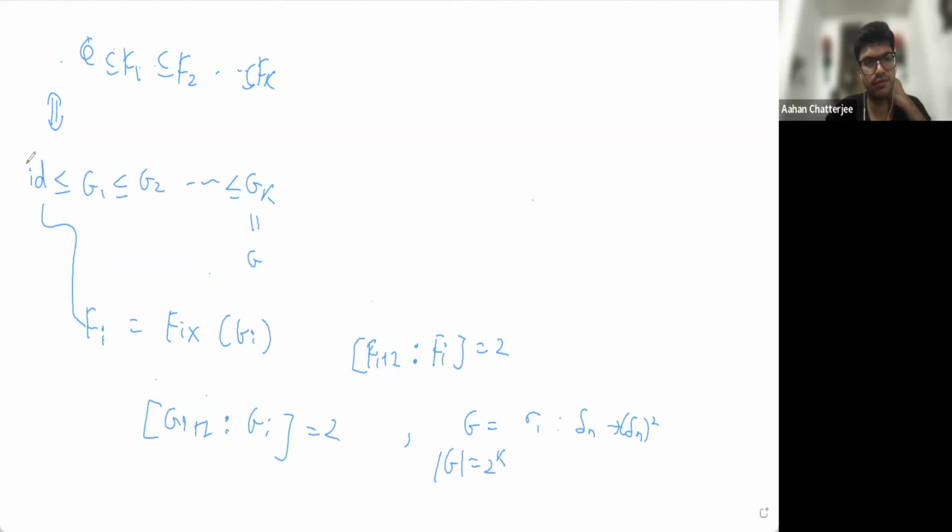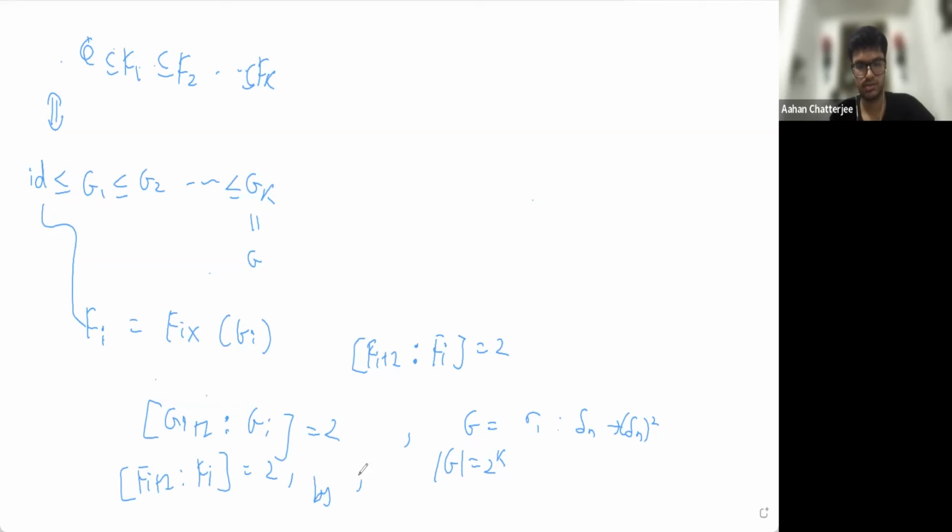Yes. So basically, since we have constructed such Gi's, by the correspondence we have constructed such subfields Fi, such that [F(i+1):Fi] equals 2.